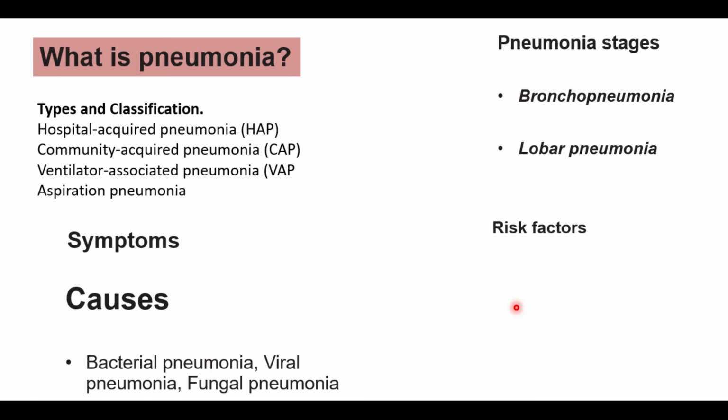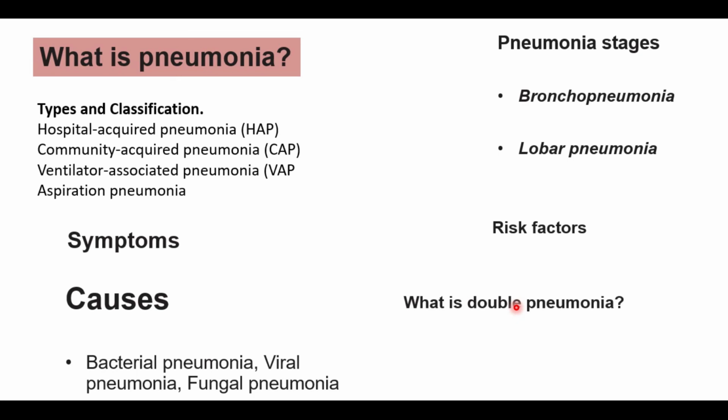Similarly, people who are regularly exposed to lung irritants such as air pollution and toxic fumes, especially on the job. Similarly, people who live in a crowded living environment such as prison or nursing homes, and people who smoke regularly, which makes it more difficult for the body to get rid of mucus. So all of these are risk factors for a person to have pneumonia.